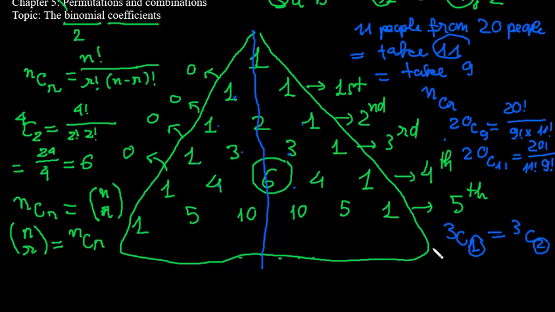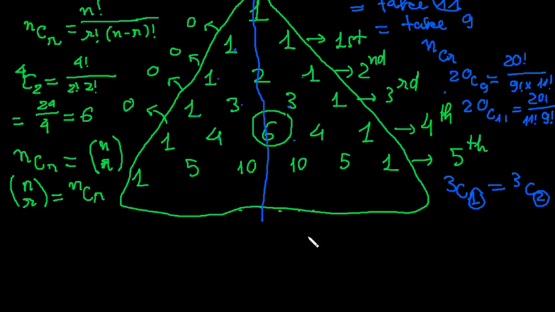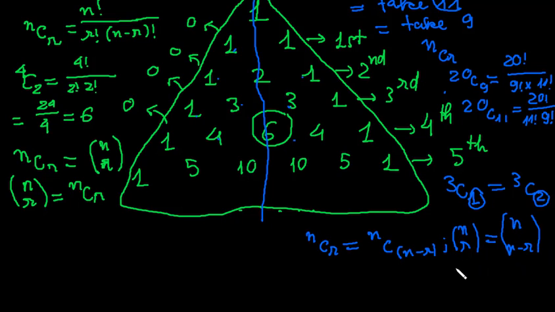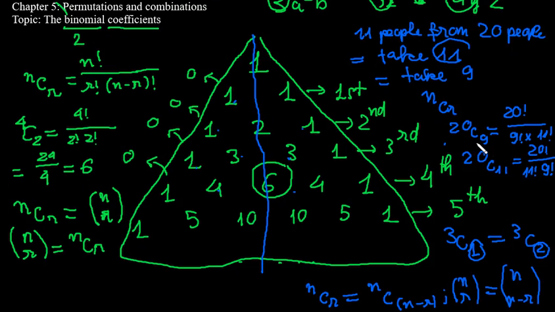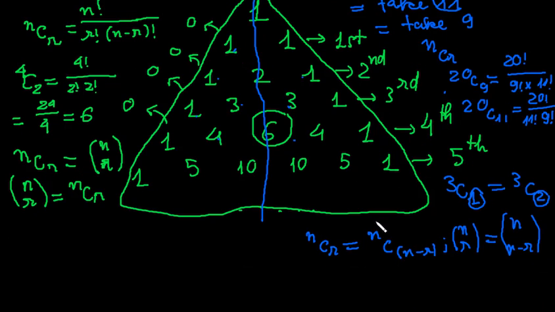So we have a general formula for that. nCr equals nC(n minus r), or we can write it in bracket form, n over r equals n over n minus r. Notice the first property is that the binomial coefficients are symmetrical for its overall equation.